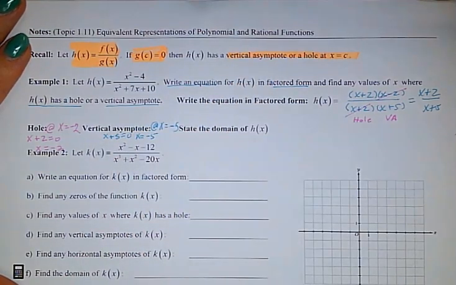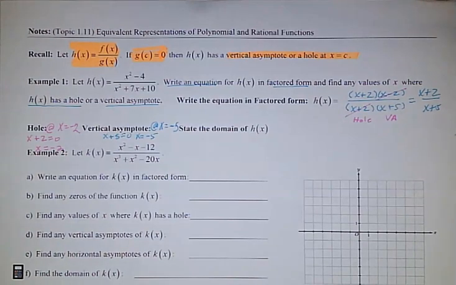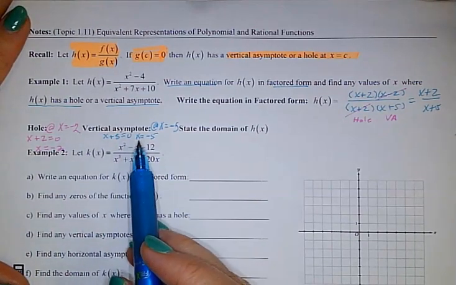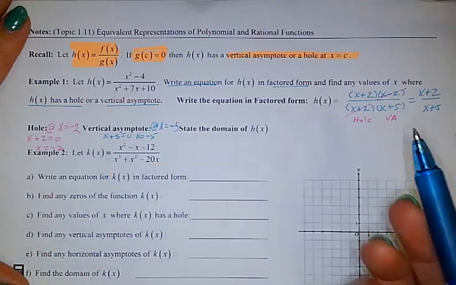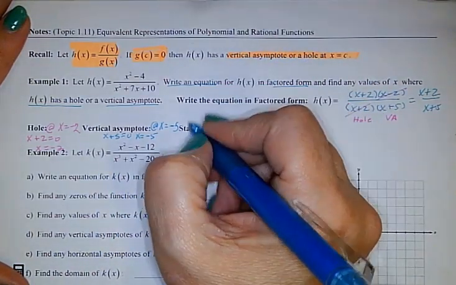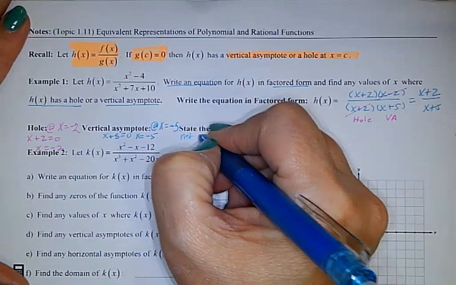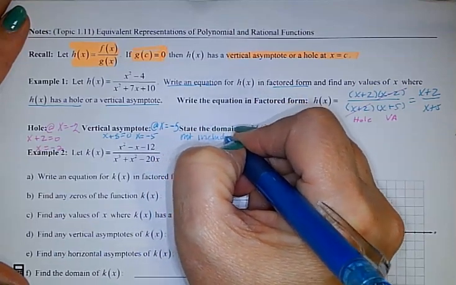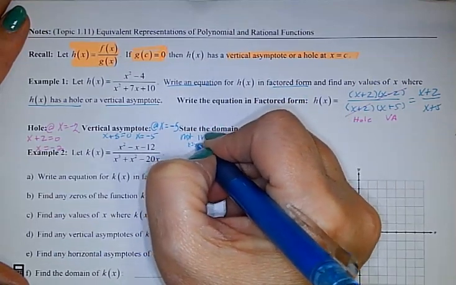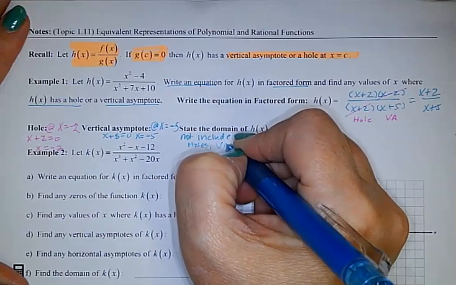Okay, so once we have that and we know what can't work in our rational function, then we should be able to state the domain, which is actually what does work. So in other words, when we're trying to write our domain, we're not going to include the holes or the vertical asymptote.